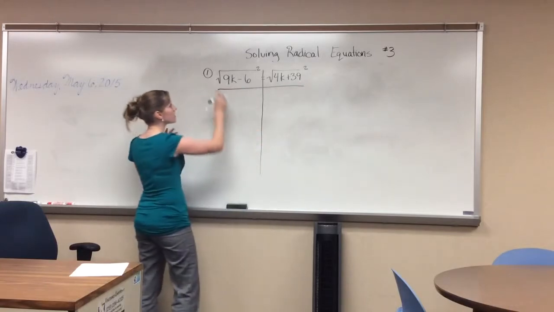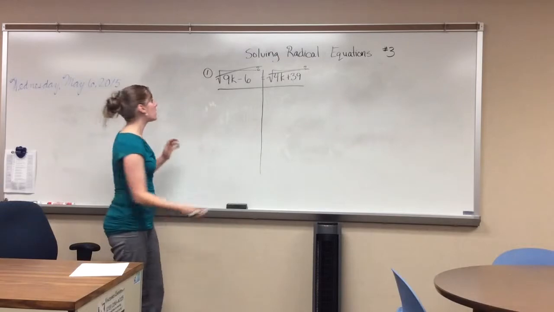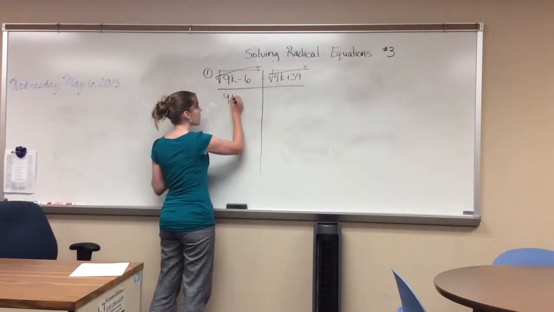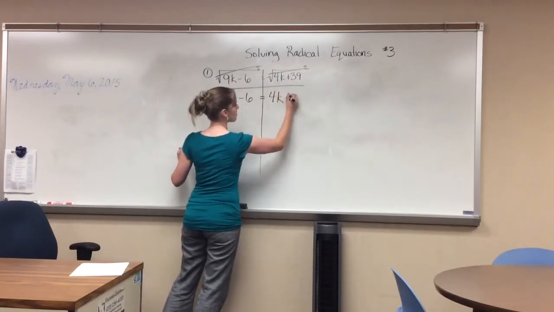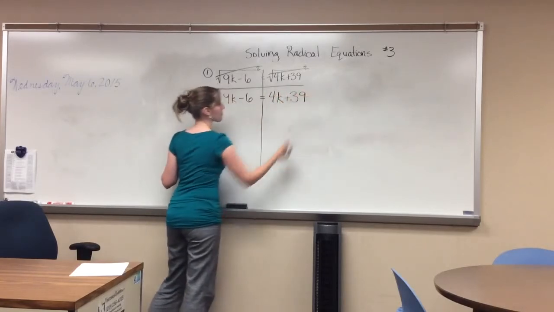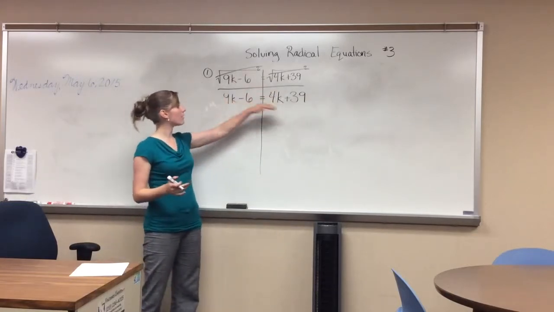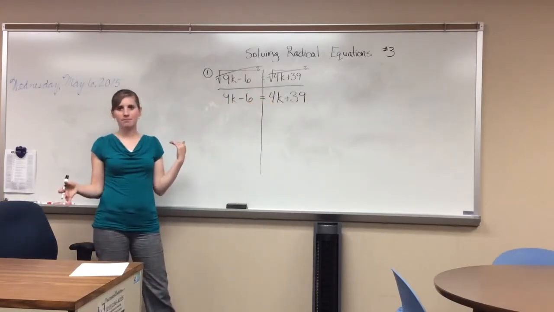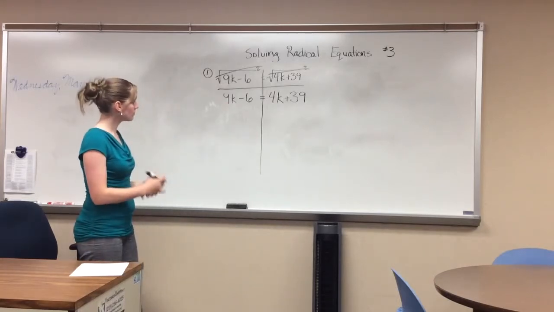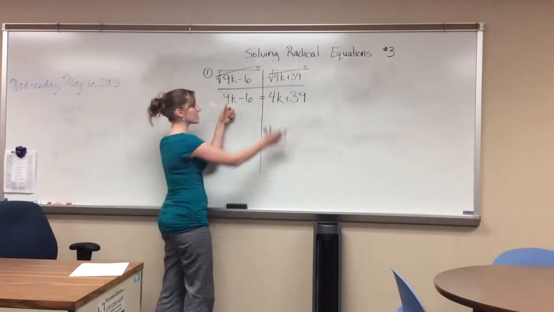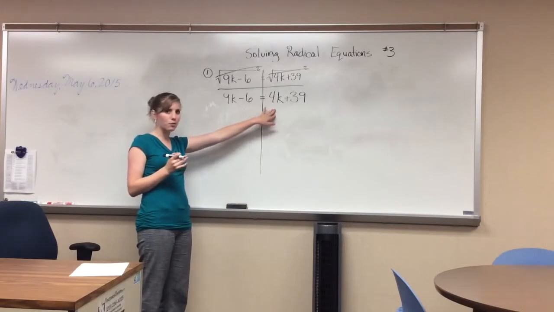The square root on both sides will cancel out with the exponent, and we are left with 9k minus 6 equals 4k plus 39. All that happened was our square roots canceled out, and everything underneath stayed exactly the same. Now we just have to solve for k like a regular equation. I have a 9k on this side and a 4k on this side, so I need to cancel out this 4k.